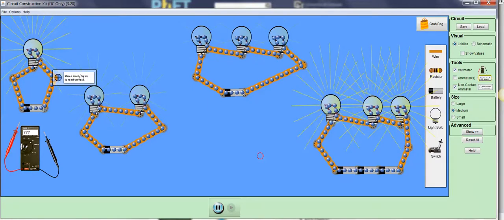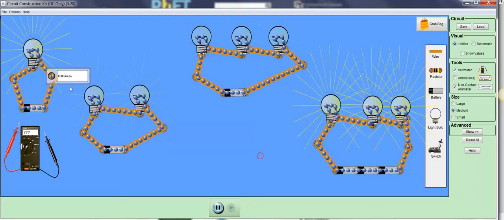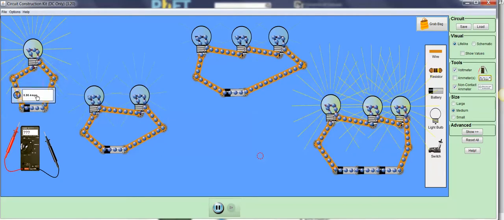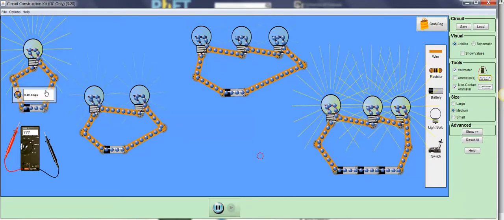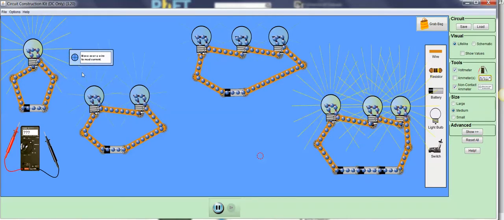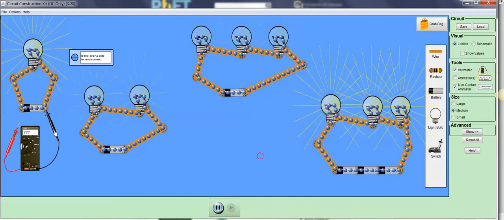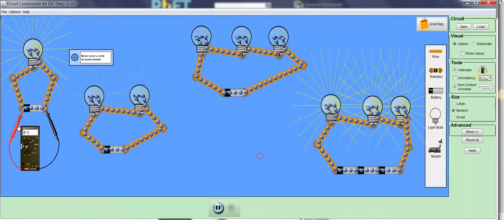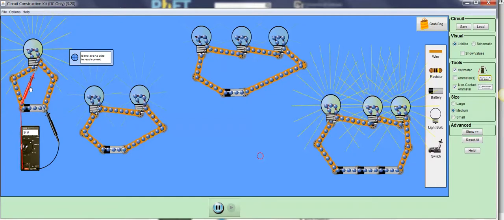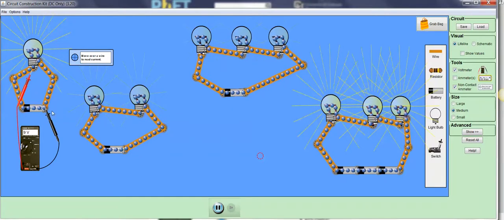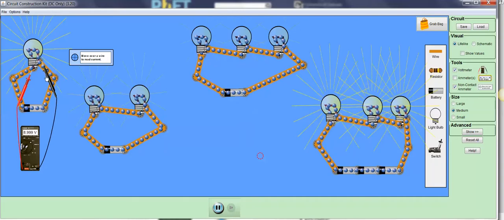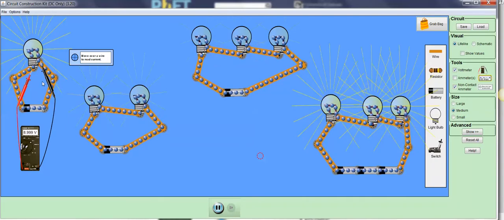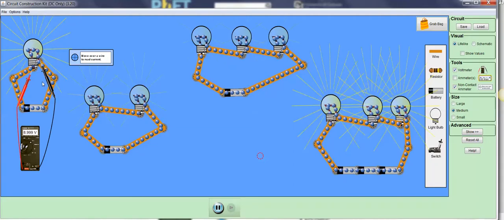You'll notice that my current, any place in that circuit, is 0.9 amps. My potential difference is 9 volts across the battery and 9 volts across the bulb. 8.999 is statistically 9 volts as far as what we can measure.